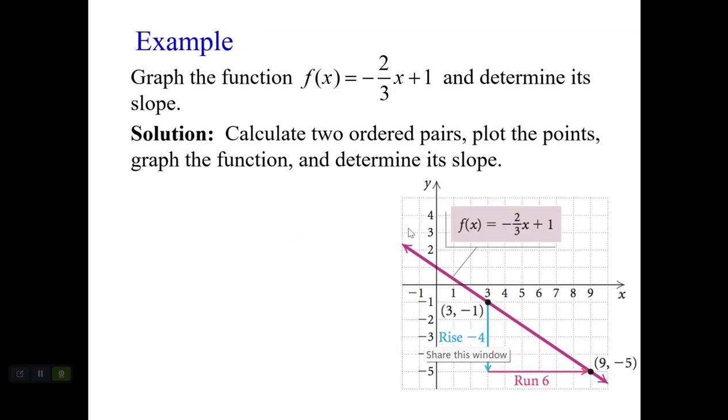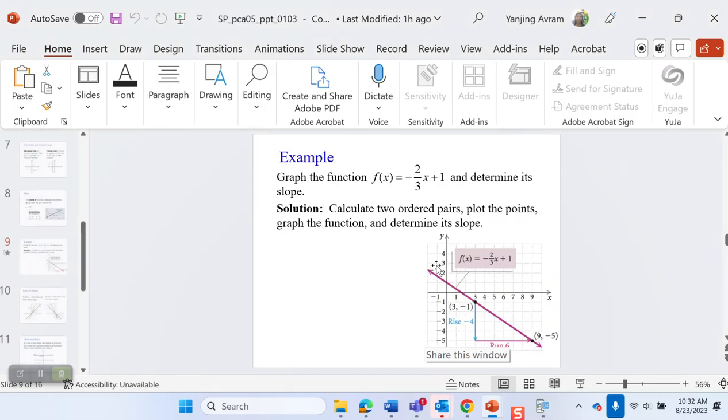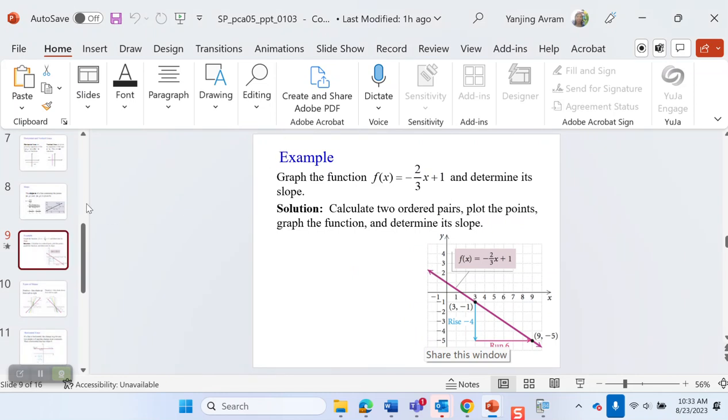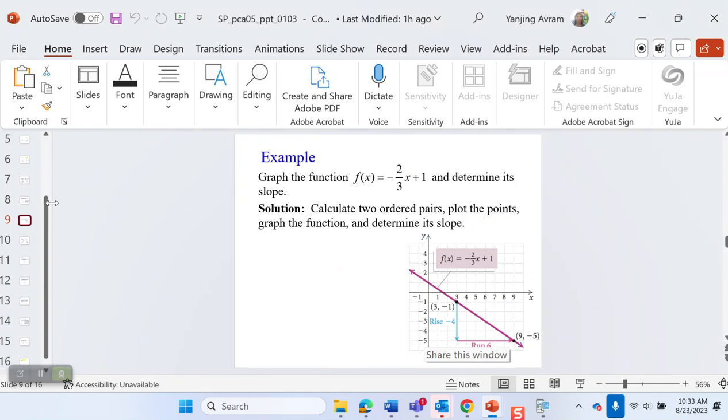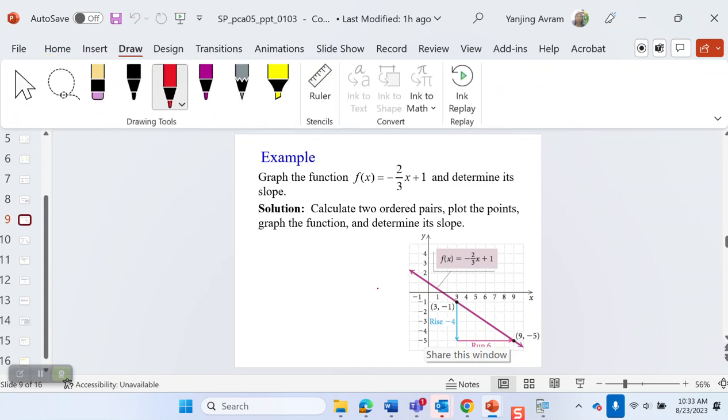Okay, so if x is 0, y is +1. This is the point right here, right? So that is your point P. That's your intercept in here.